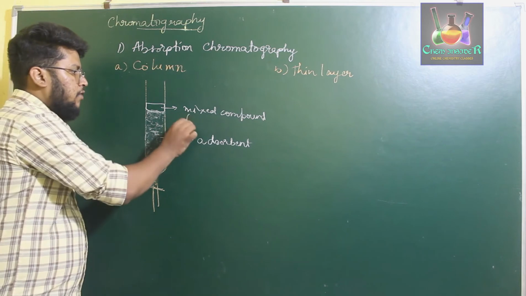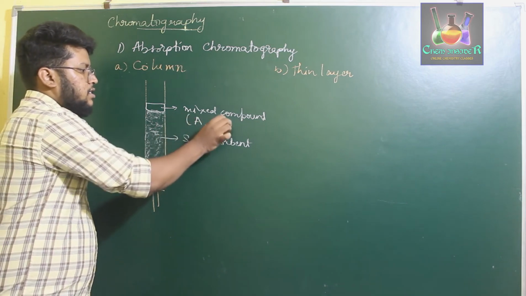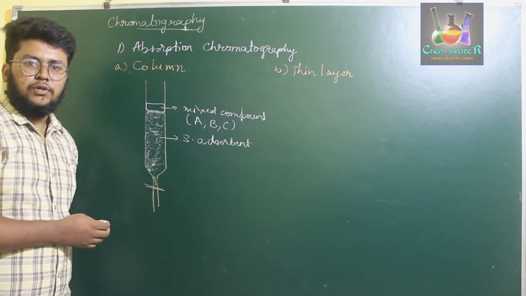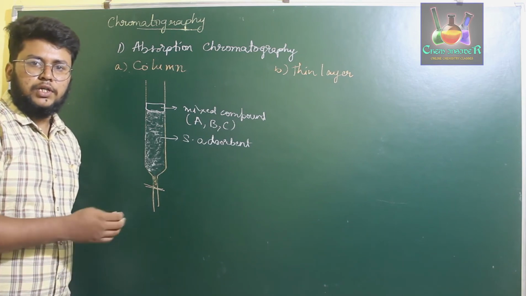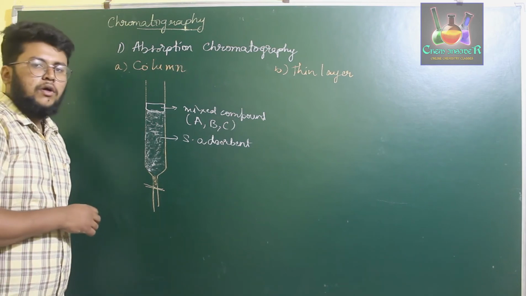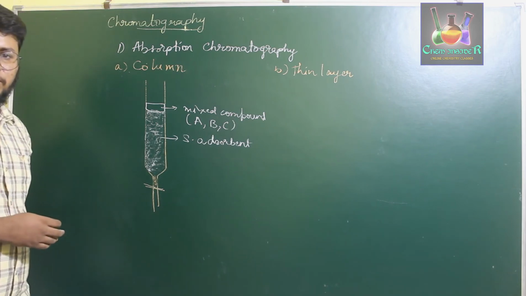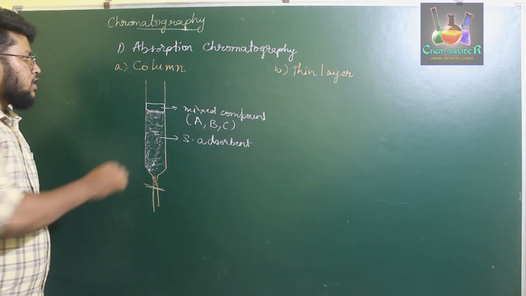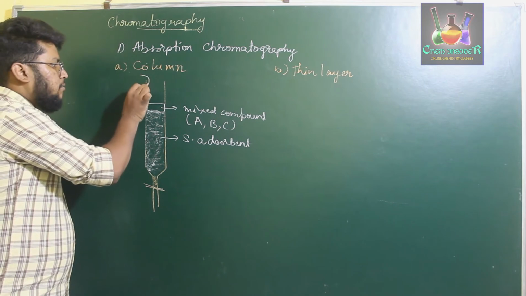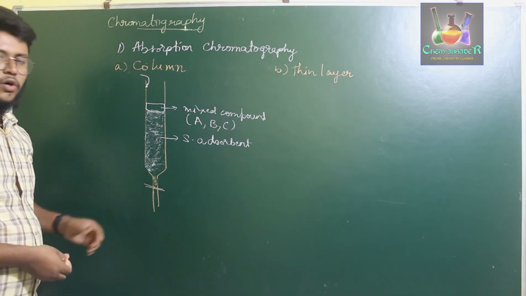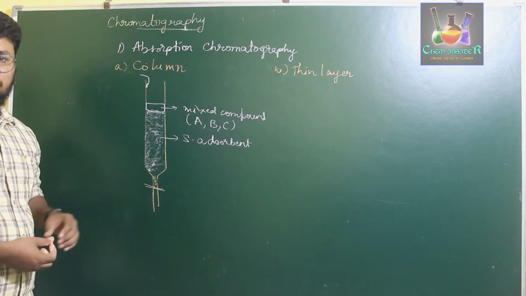Let us say if it has components A, B, C in it, A will have a different adsorption ratio, B will have a different adsorption ratio, C will have a different adsorption ratio. Now, once you have filled this particular column with the mixed compound and the stationary adsorbent, next we'll add the mobile adsorbent, that is the adsorbent which will flow through this particular column in slow motion.